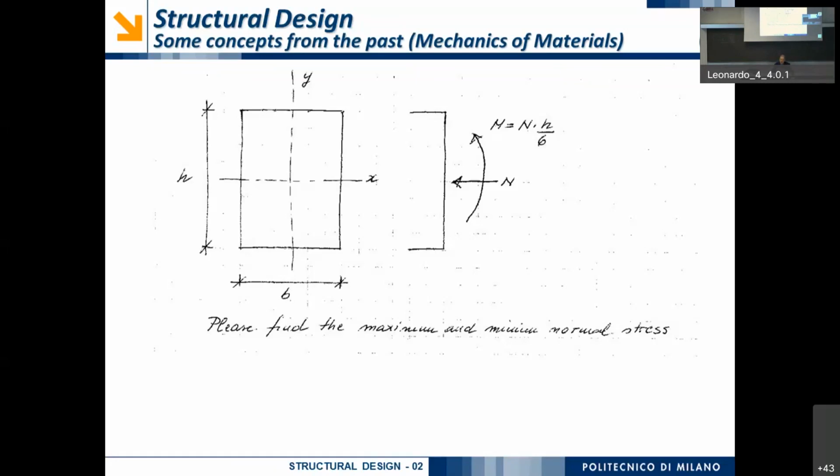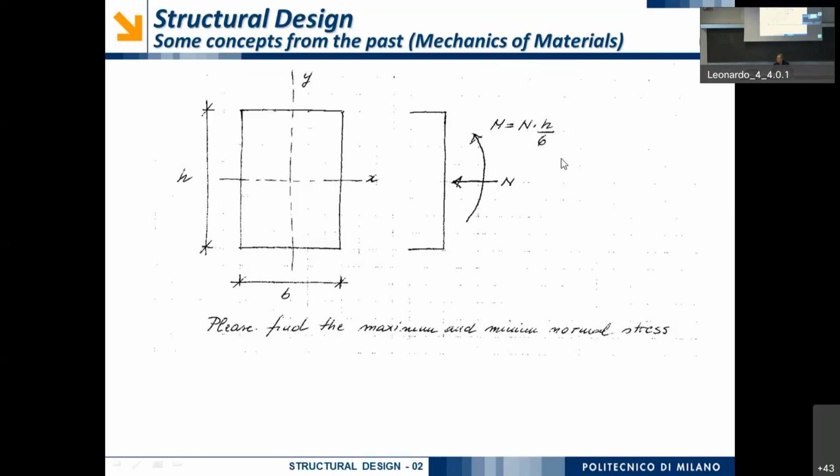So, I will refer to a very simple rectangular crossbeam, okay? Dimensions B and H. And I will apply an axial force equal to N and a bending moment equal to N times H over 6.